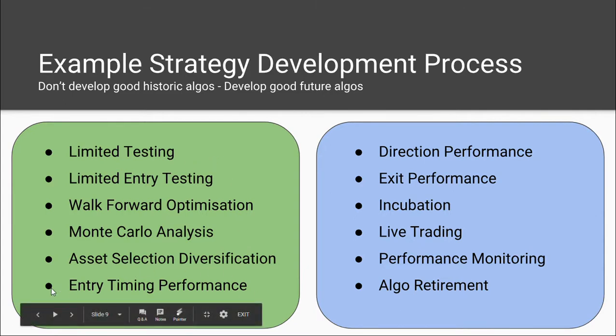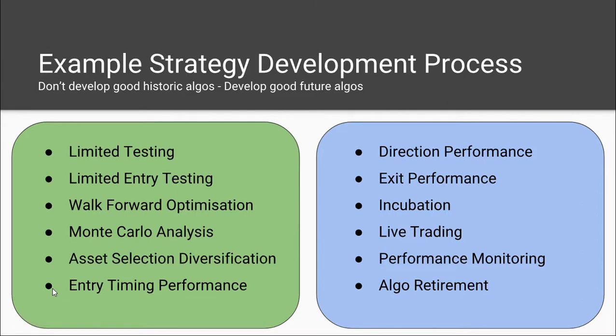I like to do things like testing the performance of the timing of the entry, not necessarily the direction, but is that a good time to enter the market? And I do some sort of randomization simulations and things like that to really test the timing of that signal, whether that has any real edge.